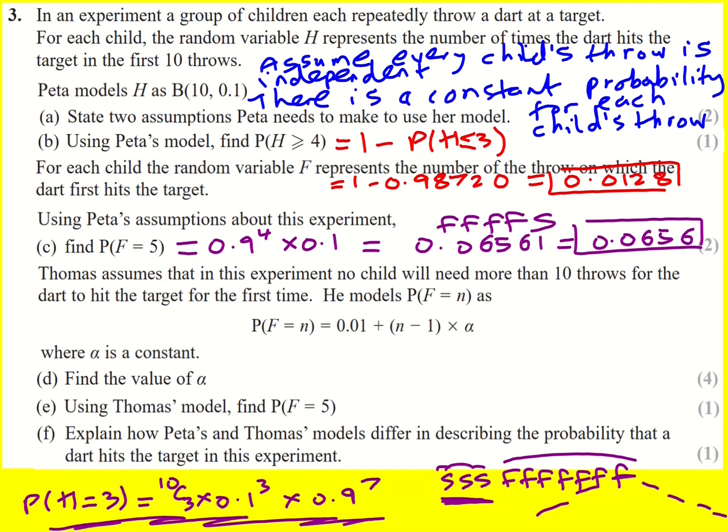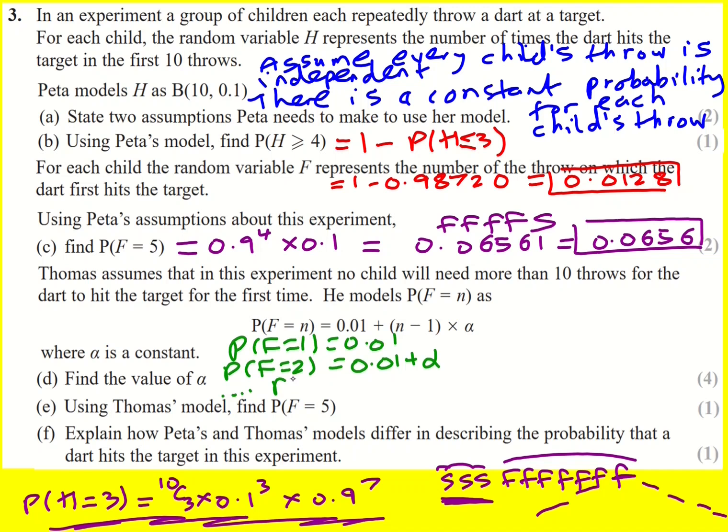We're asked to find the value of alpha. So we've got the probability that f equals 1. That would just be 0.01. And then the probability that f equals 2 would be 0.01 plus alpha.